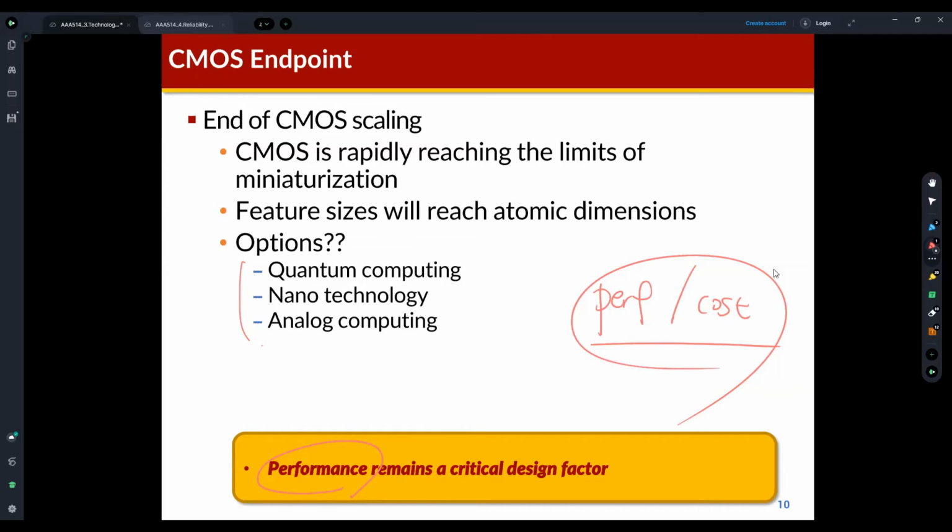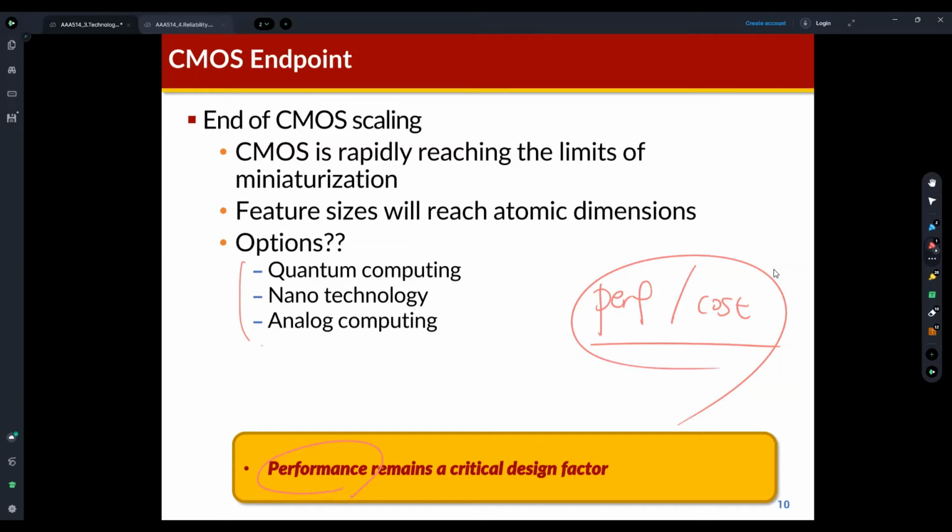That's the demand from some workloads, software, and also from our real world. So performance is the first factor of this process of design.